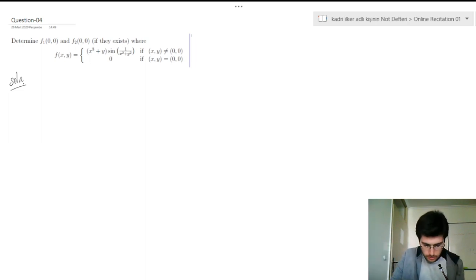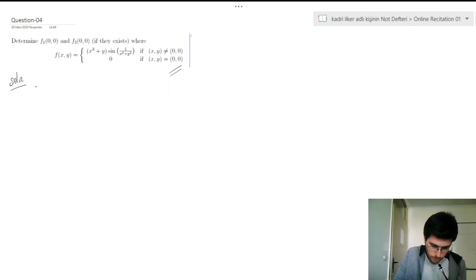Of course, the question is about differentiability around the point 0, 0, but this is a very general trick. If you look carefully, 0, 0 is a kind of problematic point in the sense that the behavior of the function f changes around the point 0, 0. Therefore, 0, 0 is a kind of jump point.